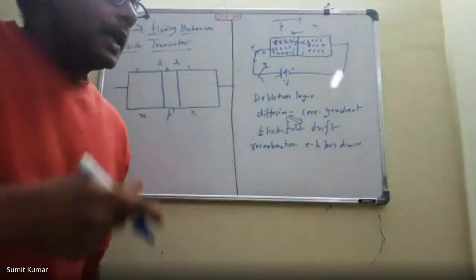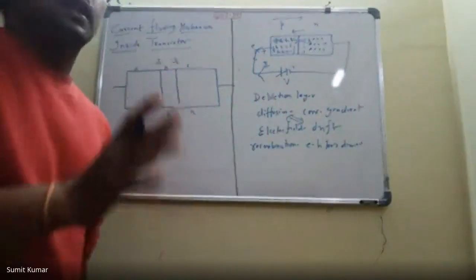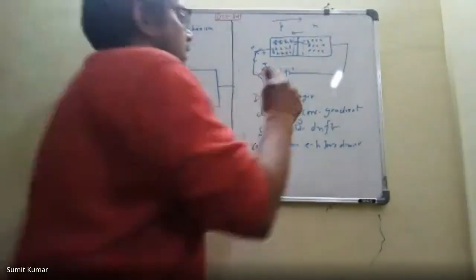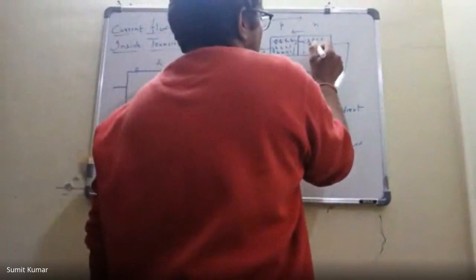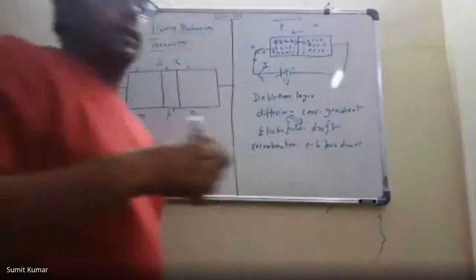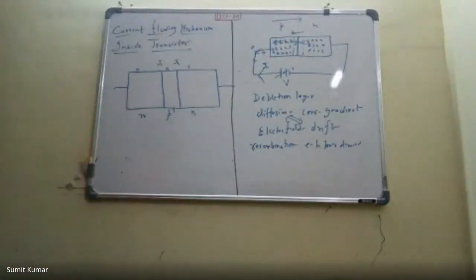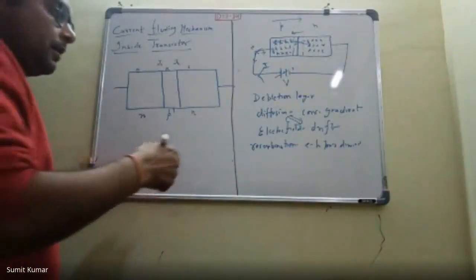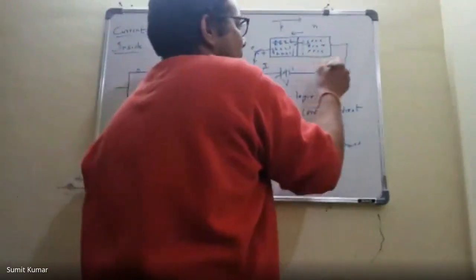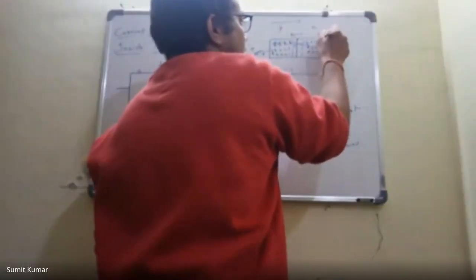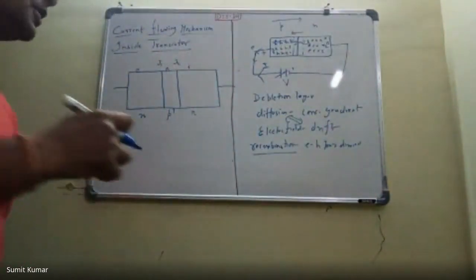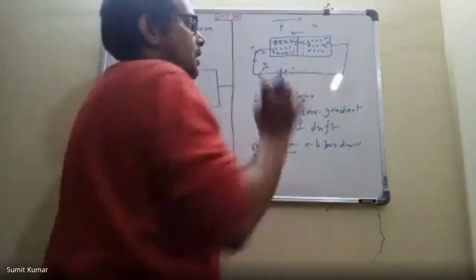But we know that the n-type material is electrically neutral. Then what will happen? We need more electrons in order to compensate the electrons which are diminished in the recombination process. Again, we know that the electrons are already coming by this wire, so more electrons will come, and this will continue, because the battery is here.